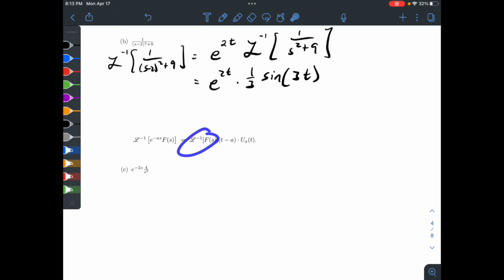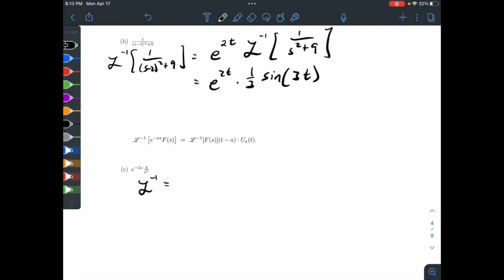So this tells us to just do that inverse Laplace transform of that guy, but then at the end of that, replace all of your t's with t minus a's. This is like function composition notation over here, not multiplication. The multiplication is over here with the dot. Then at the end, we multiply by u sub a of t, which is going to be u sub 2 of t for us.